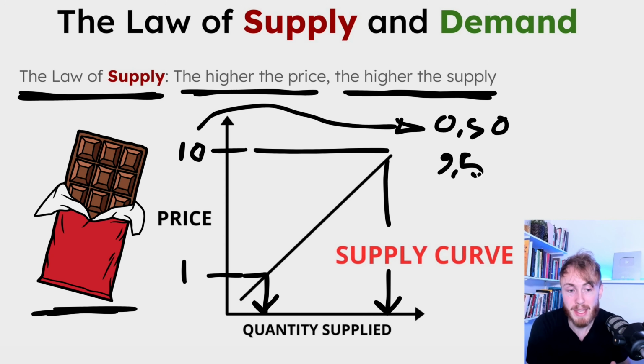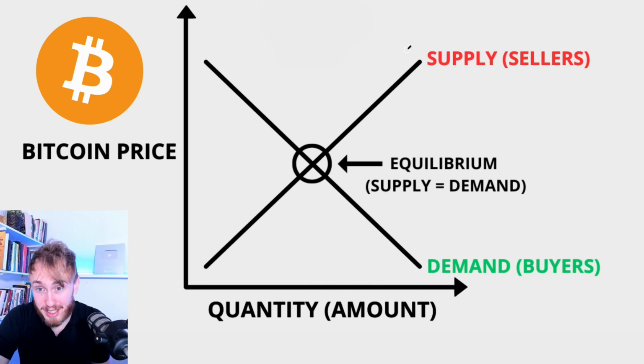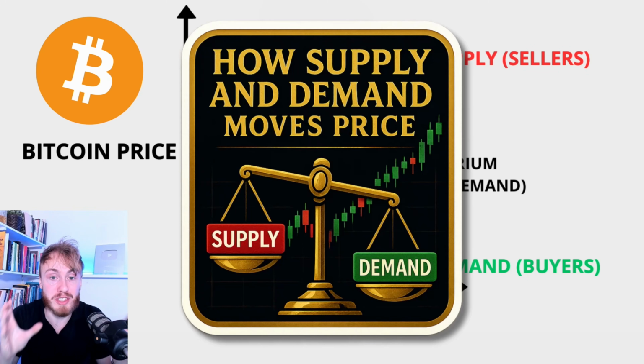But I hope you can see on this supply curve that the more you can sell chocolate for, the more people in general are willing to sell chocolate. But right, now it starts to get super interesting, because now we're going to start learning about how supply and demand moves price.